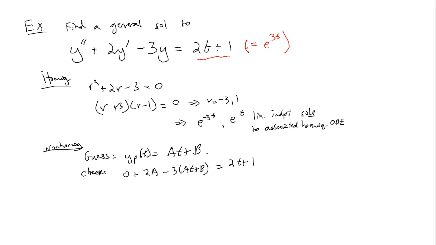Right, and now we can just solve for coefficients. We can compare coefficients on each side. So the coefficient of t has to be the same on each side. The coefficient of the constant term has to be the same on each side. So in fact, we can even write it as a matrix equation.